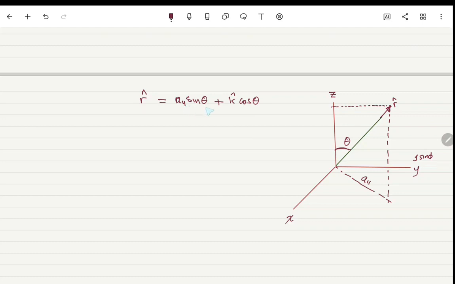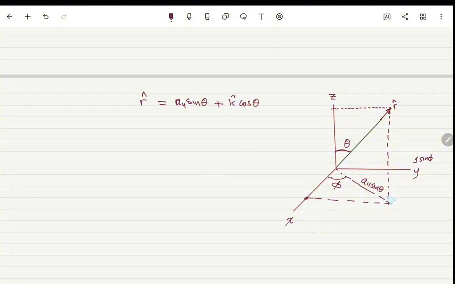Now a_rho sine theta has an x component, or intercept with the x-axis, equal to sine theta cosine phi, and it also has an intercept with the y-axis, sine theta sine phi.